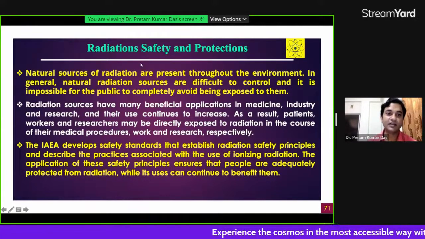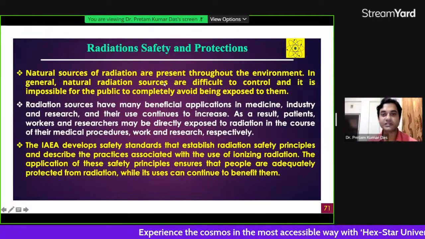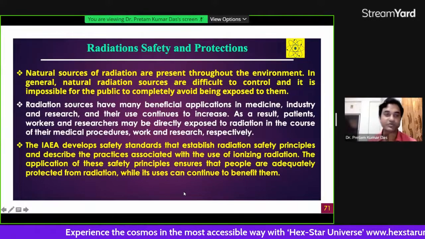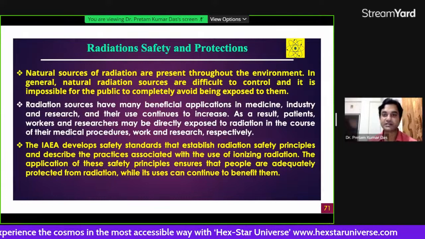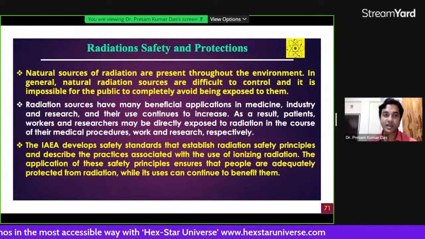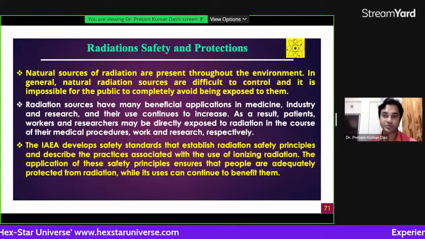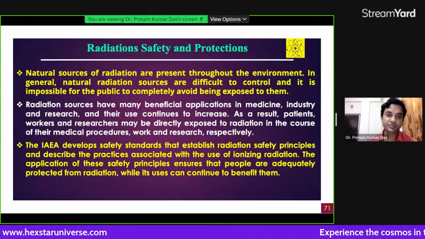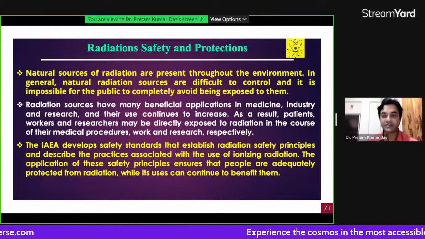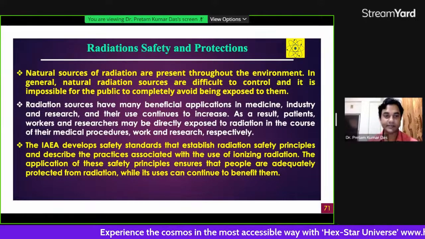Natural sources of radiation are present throughout the environment. In general, natural radiation sources are difficult to control, and it is impossible for the public to completely avoid being exposed to them. Radiation sources also have many beneficial applications in medicine, industry, and research.